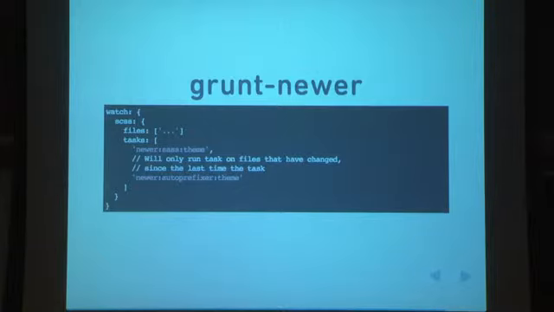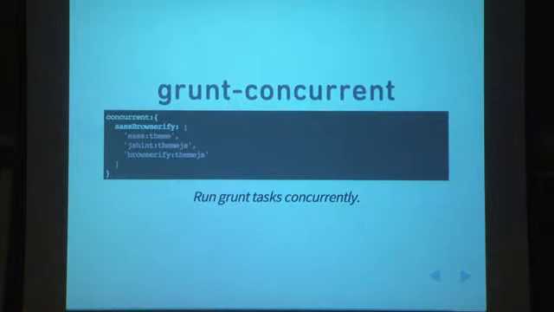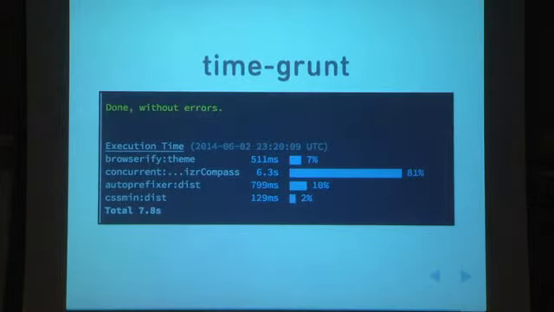So this would help to only run that task when the file actually changes. And then concurrent. Any tasks that can run at the same time, you can go ahead and start the first part of your Sass task and JSHint and Browserify all at the same time. And that'll help.